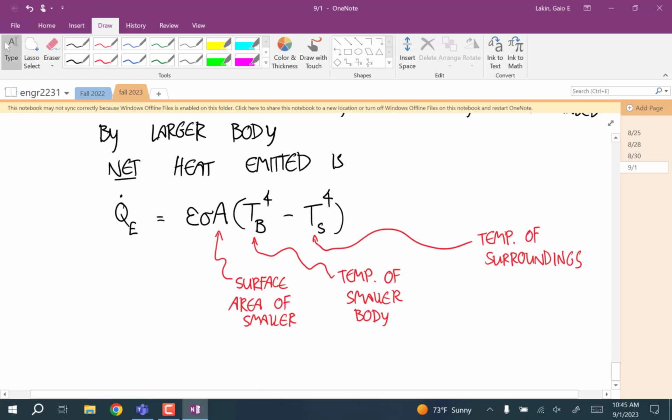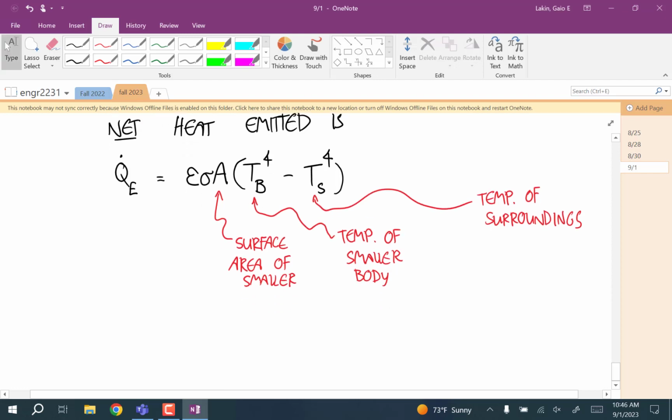I mentioned before that in thinking about temperatures, you can think differently about differences in temperature than you do about absolute temperatures. These are actual instantaneous temperatures, not a difference between temperatures. If this was just to the first power, then we could do this in Celsius or whatever. But because of the fourth power, these have to be in Kelvin or Rankine, okay? So these have to be absolute.